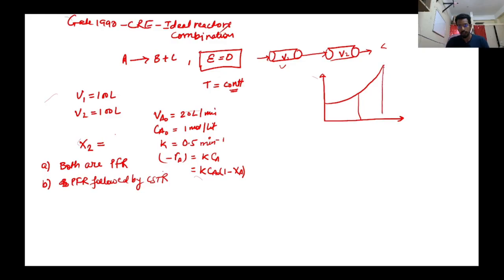This is the graph for a plug flow reactor. Here it is minus 1 upon R, and here it is X, the conversion. So this is X1 and this is X2.